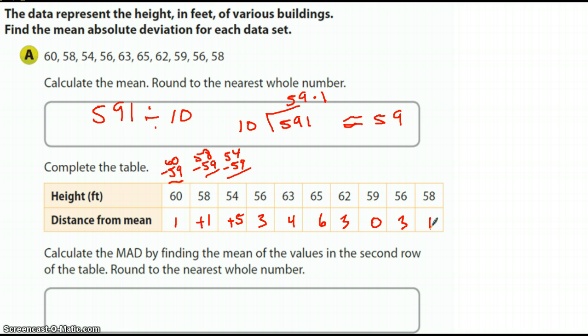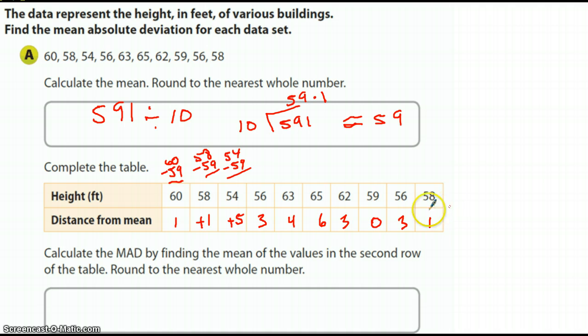So what we've done is we found our distance. Each one of these is from 59. So how far is 60 from 59? How far is 58 from 59? How far is 54 from 59? So we did this subtraction, and now to find the MAD, we just add these up and divide by the number.